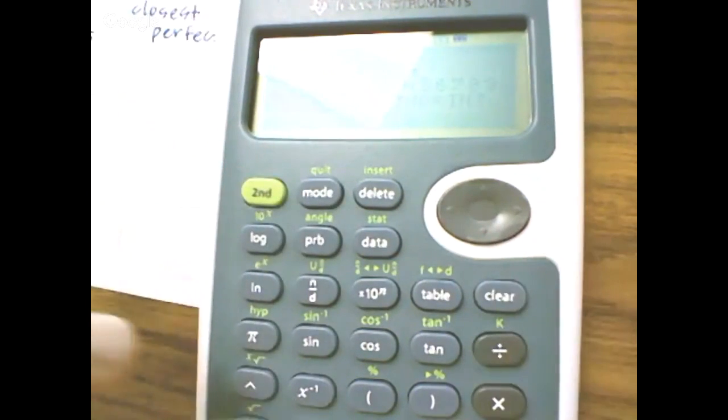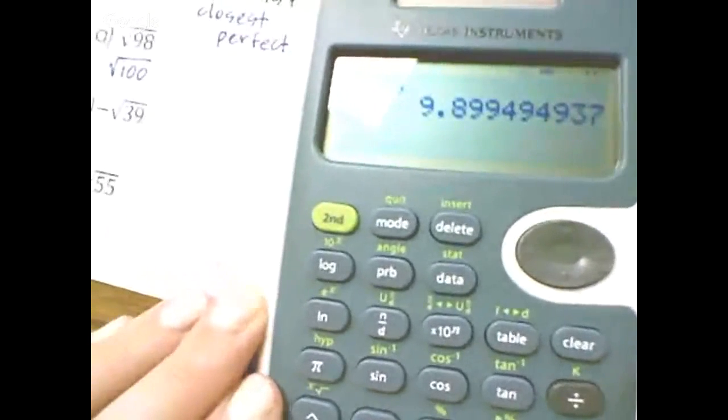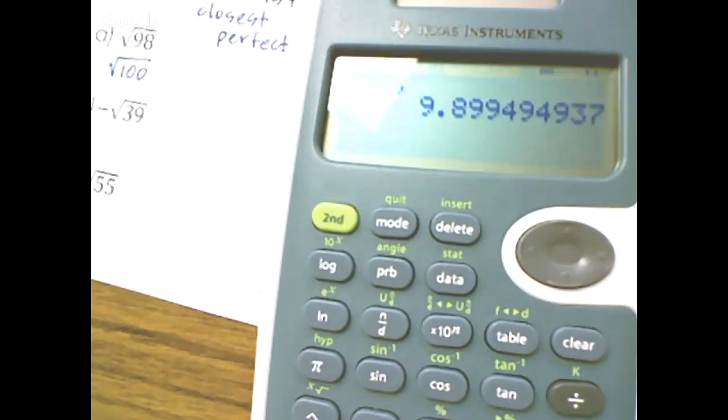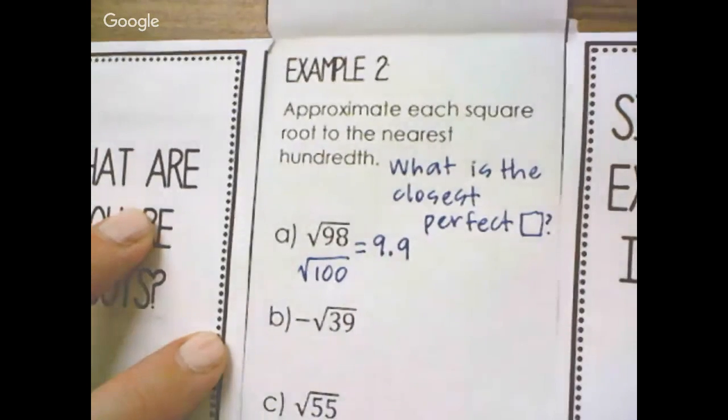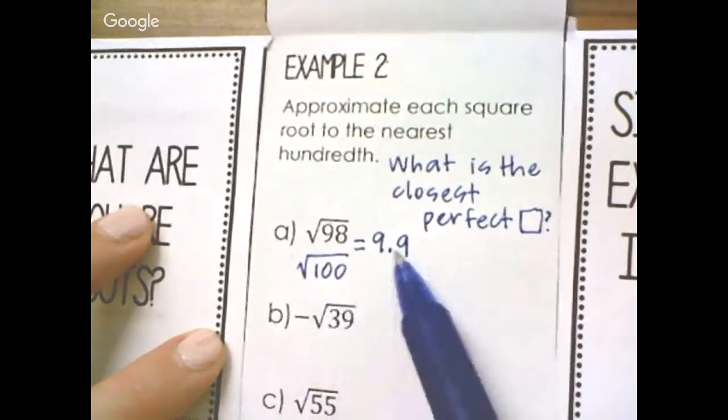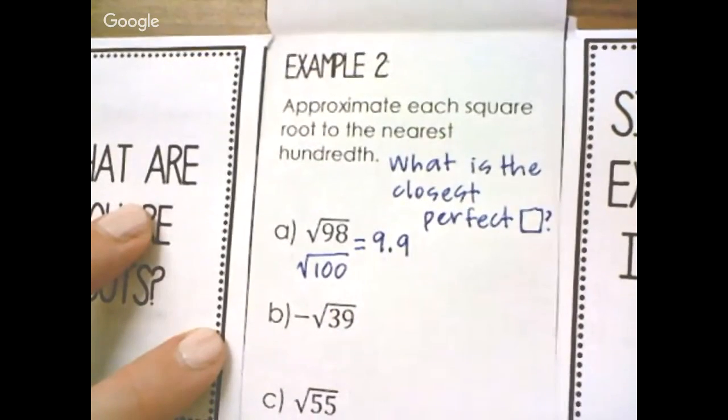I'm going to try it again. Square root of 98. So it's about 9.8, which is pretty close to 10. So back here, this is equal to 9.8 when we round. Which makes sense. That should be close to 10 because it's closest to the square root of 100.